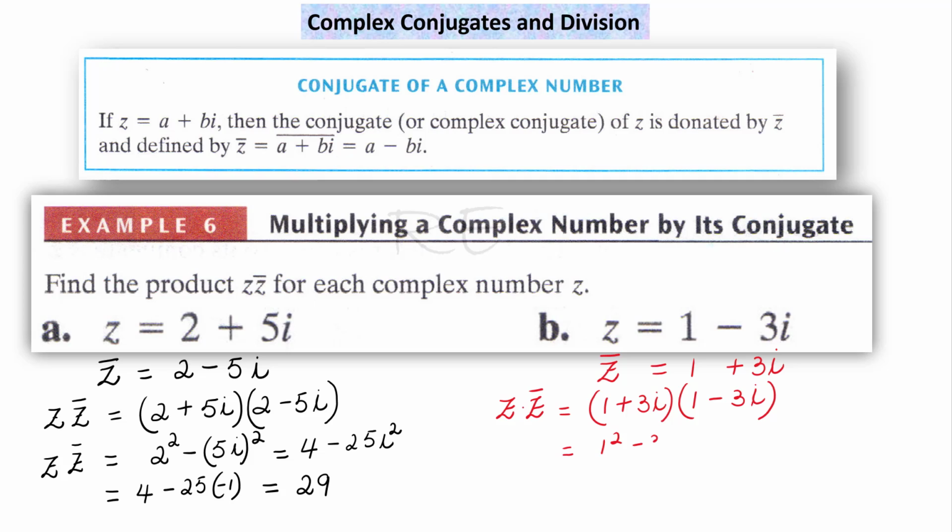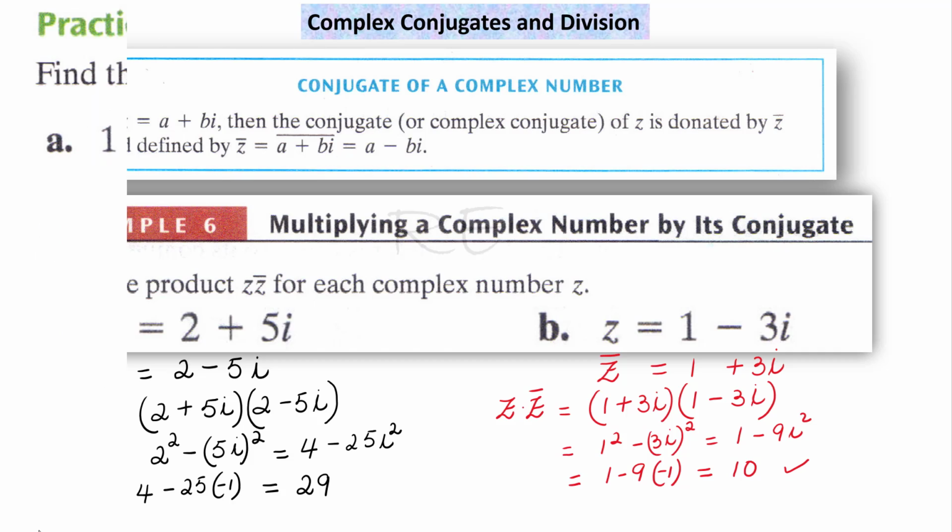The product will be a difference of 2 perfect squares, 1 squared minus (3i) squared between parentheses, which is 1 minus 9i squared. I squared is equal to -1. 1 minus 9 times -1, which is 1 plus 9, which is 10.